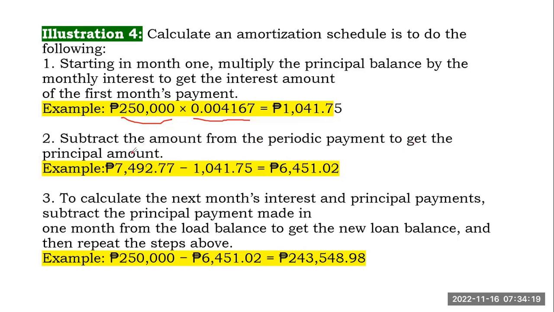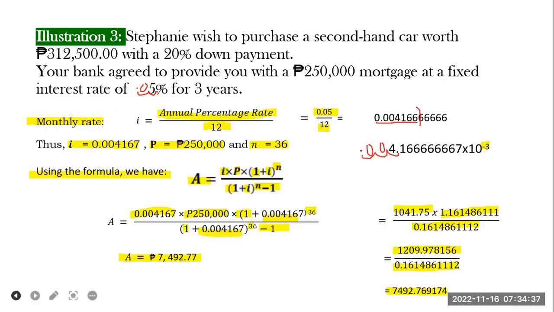Then, second, para makuha natin yung principal amount, subtract the interest amount from the periodic payment to get the principal amount. This is the periodic payment, yung babayaran niya na monthly. This is fixed, diba? Okay, this one. Si monthly payment.